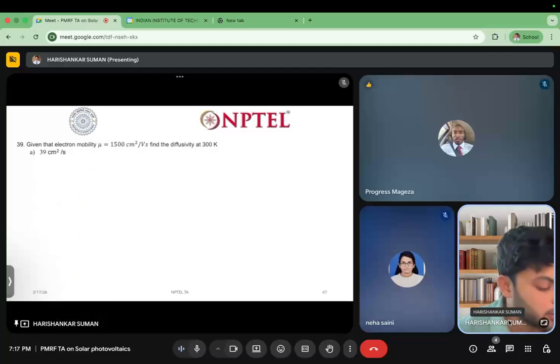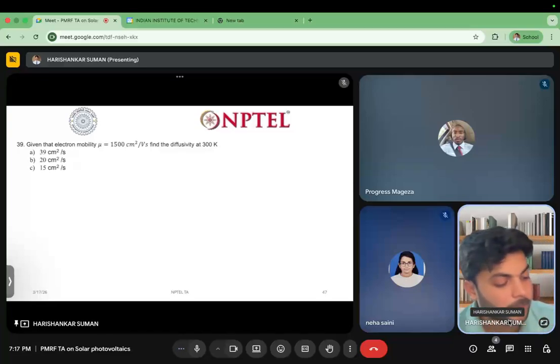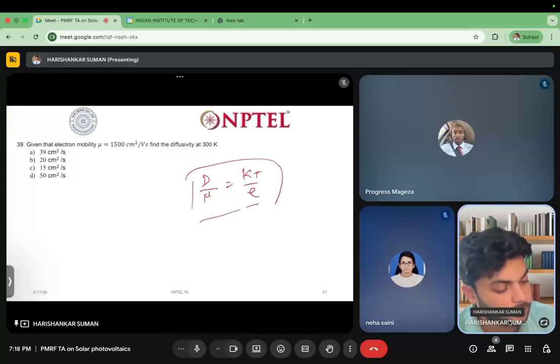Electron mobility is given. Find the diffusivity. Can you find D equals mu kT by e? Please solve this equation now. You can use this equation for diffusivity.